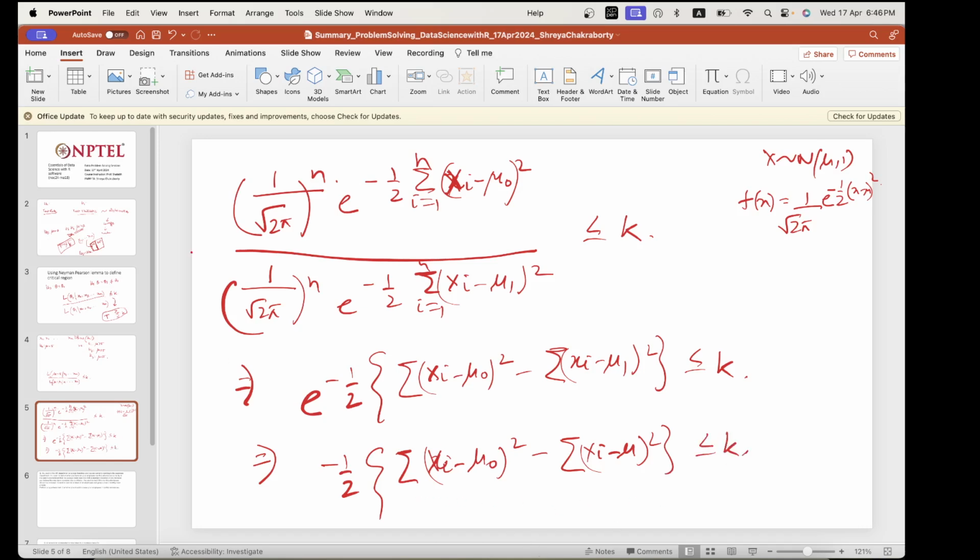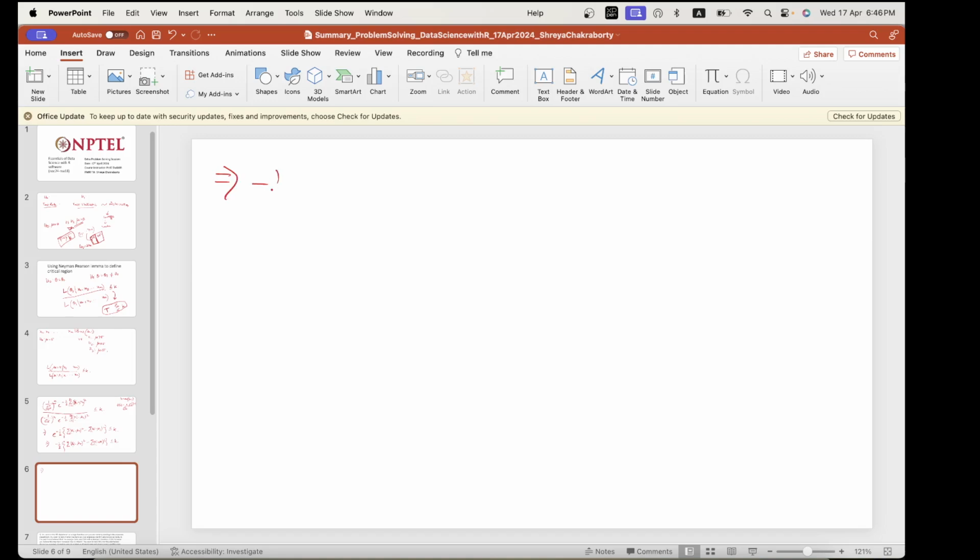Alright, now let us just expand this. So here we have minus half [summation (xi minus mu naught) whole square minus summation (xi minus mu1) whole square]. This should be less than or equal to k. So let us just expand what we have in the brackets.